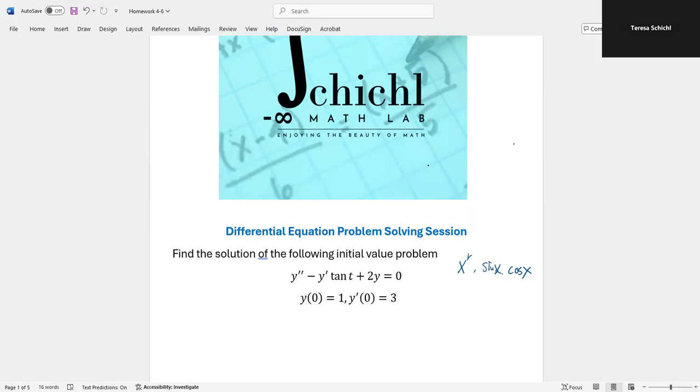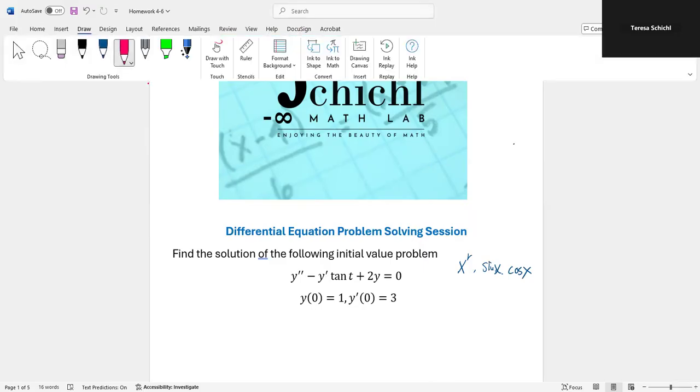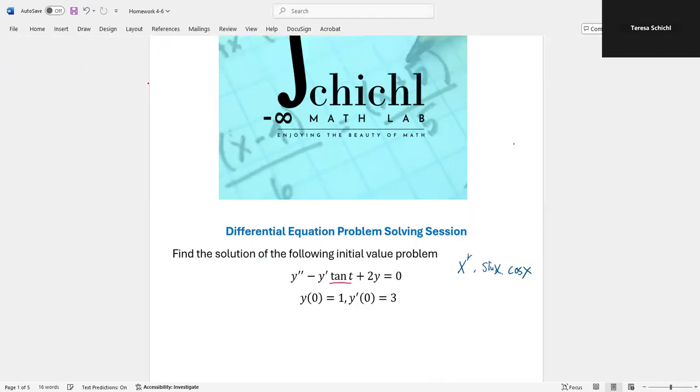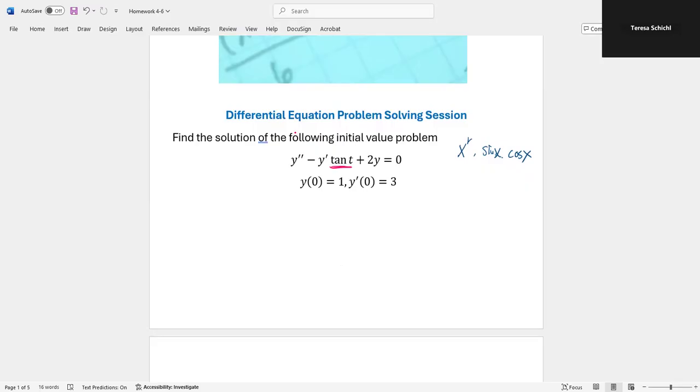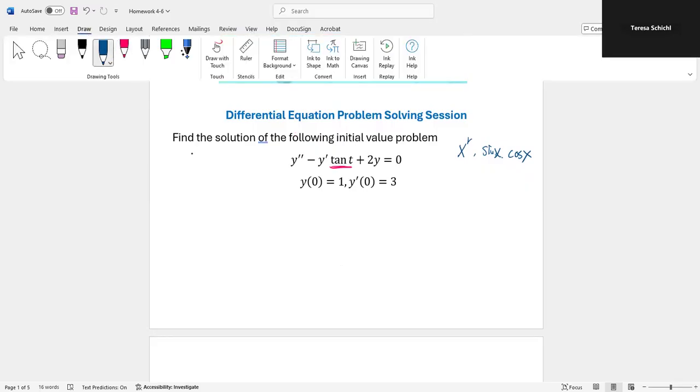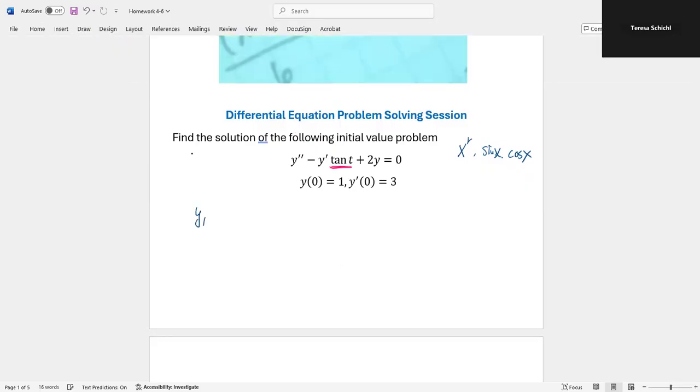So in here, we have a tangent t. It's a trig function, so probably I will choose our first solution to be a sine function. Okay, so this is my guess here. So now I will say my y1 will be equal to sine t.